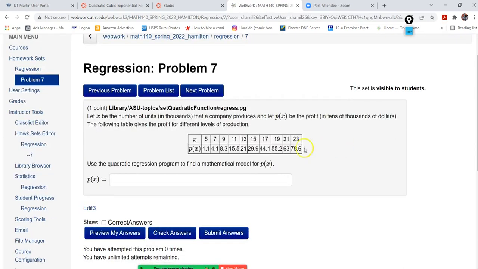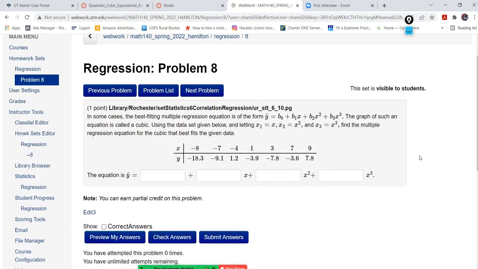Here we have a population problem, and it says use quadratic regression. So we have P of x. They supply you with the P of x, and you are to type in the entire equation. And then they don't ask you any follow-up questions. Just understand there will be follow-up questions on the test and on your departmental homework.